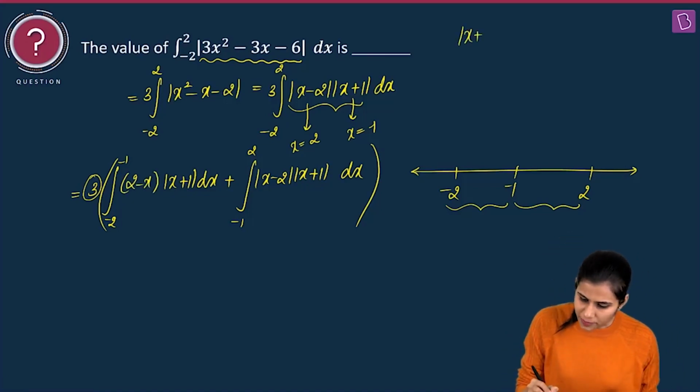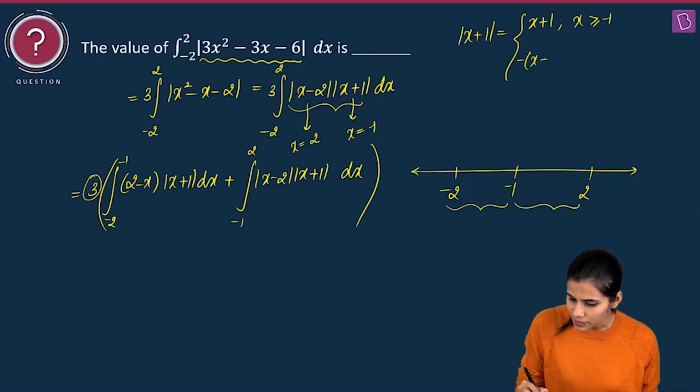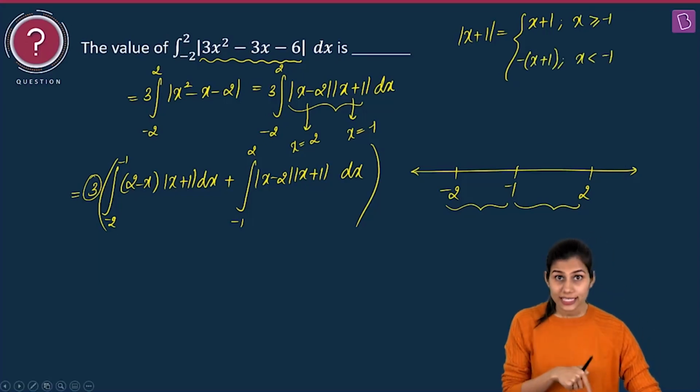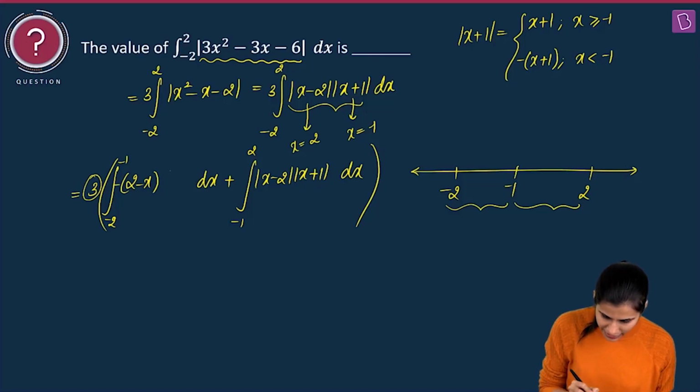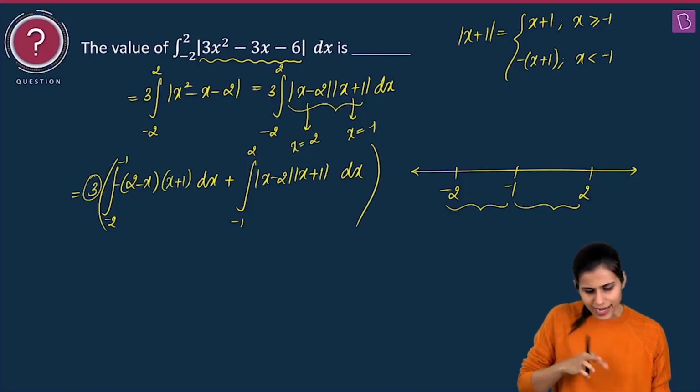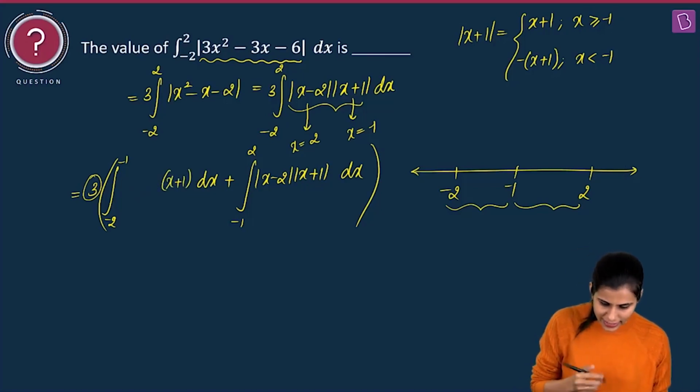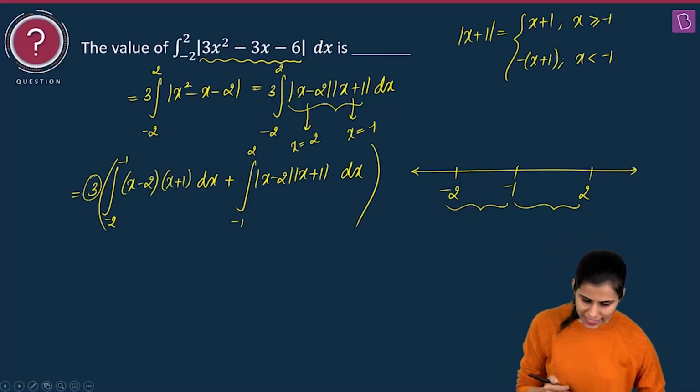I know mod of x plus 1 is same as x plus 1 when x is greater than or equal to minus 1, and minus of x plus 1 when x is strictly less than minus 1. Right now x is less than minus 1, so mod of x plus 1 will be minus of x plus 1. Yes, minus sign here, x plus 1. Minus of 2 minus x, let me write it as x minus 2. Sorted?